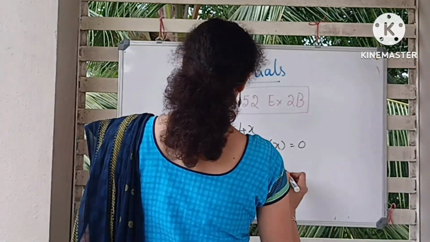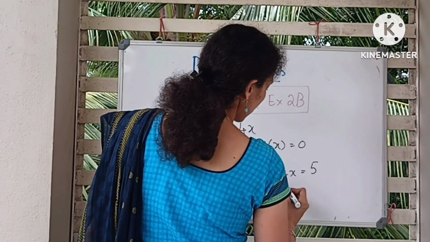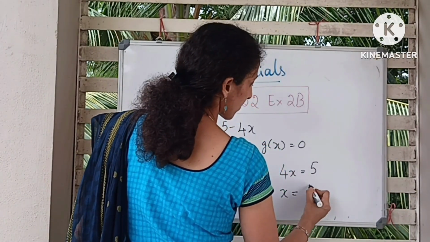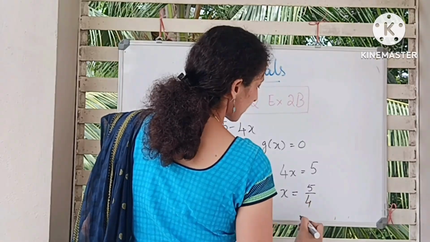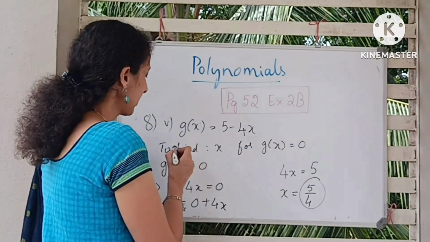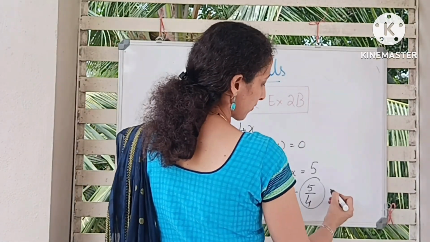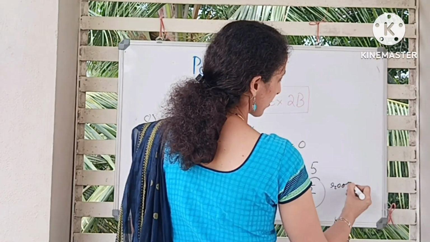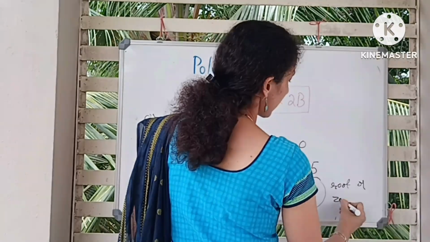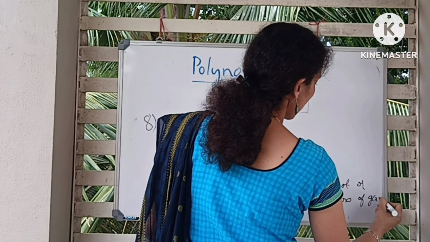That becomes 4x is equal to 5, which means x is equal to 5 by 4. So for the value 5 by 4, this g of x becomes 0. That is why 5 by 4 is the root or 0 of the polynomial g of x.